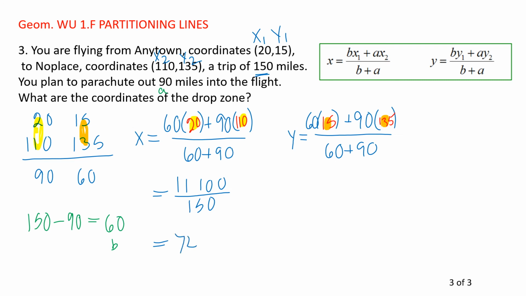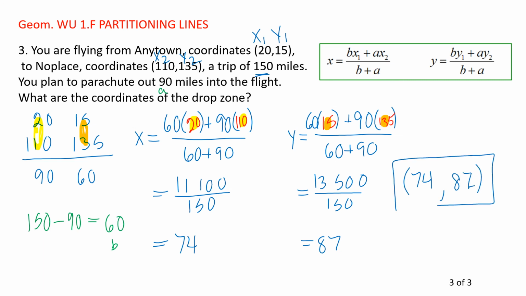And 74 is your x-coordinate, and I believe the y-coordinate is 87. So you will jump out at the coordinate 74, 87. That's where you hid your car, so you can get away. And that's that.